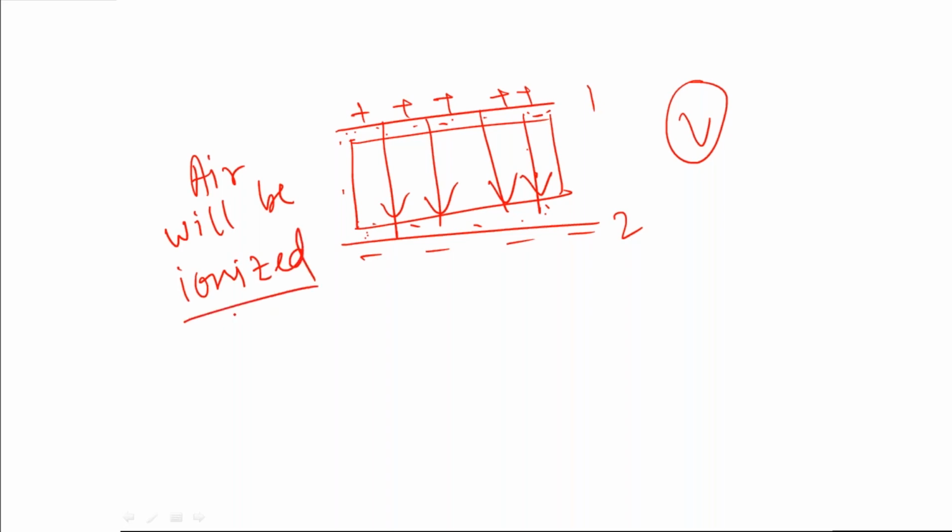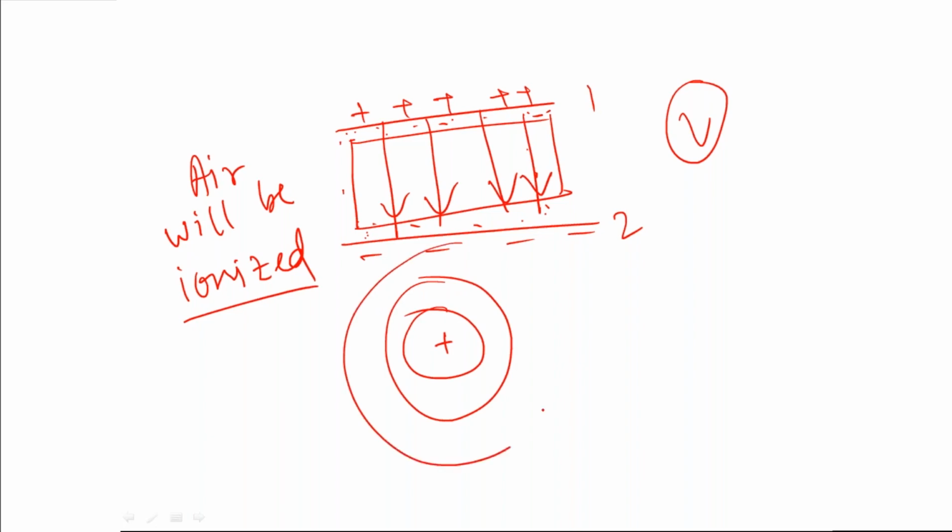Ionized means, suppose there is an atom, so there is a nucleus inside, and electrons are orbiting around it in various orbits. Ionizing means if you can take one electron from the influence of this nucleus, if you can take this electron out, then I can tell that this atom is ionized.